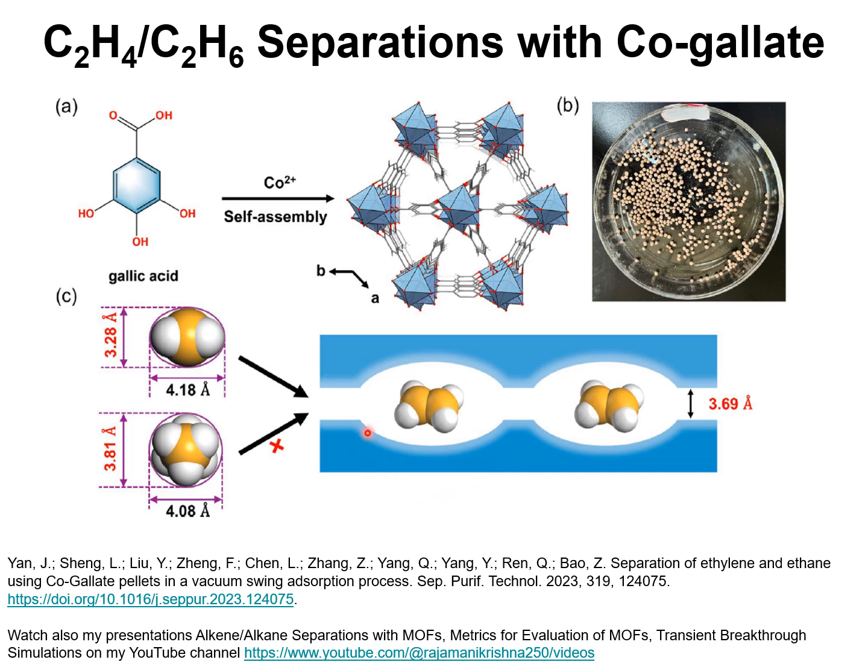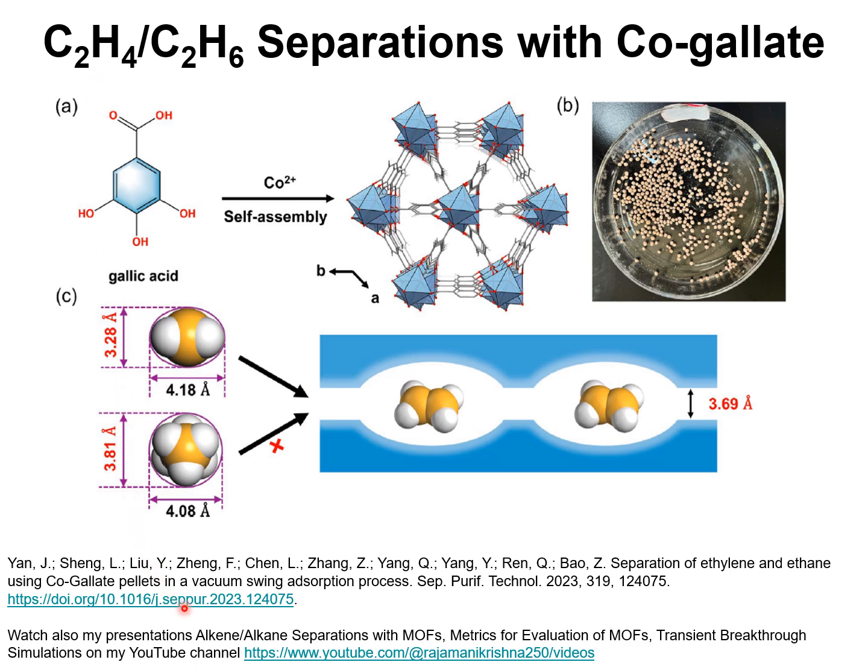The pores of cobalt gallate are such that the ethane is virtually excluded due to diffusional limitations, and the adsorption and diffusion both favor the alkene.